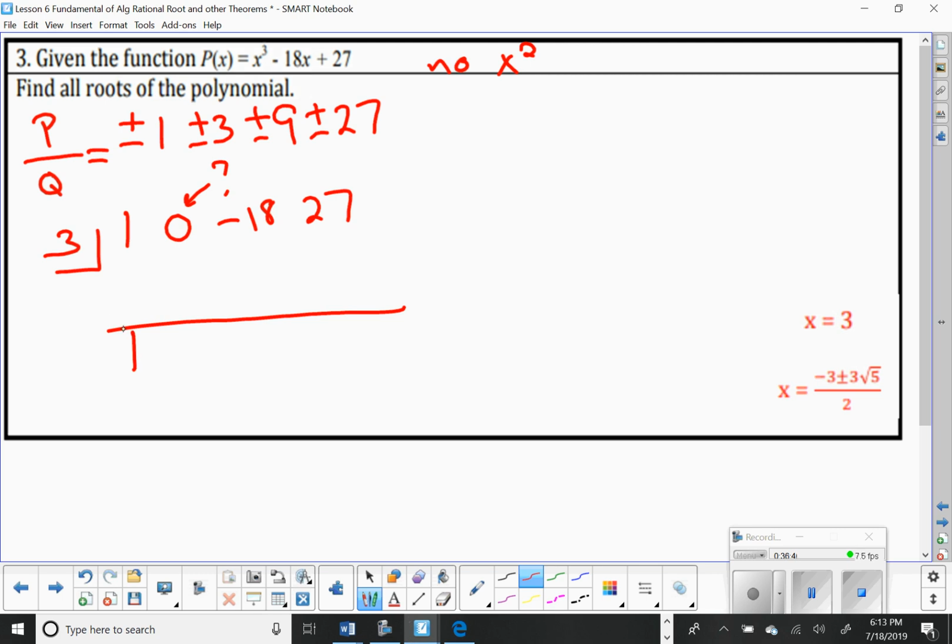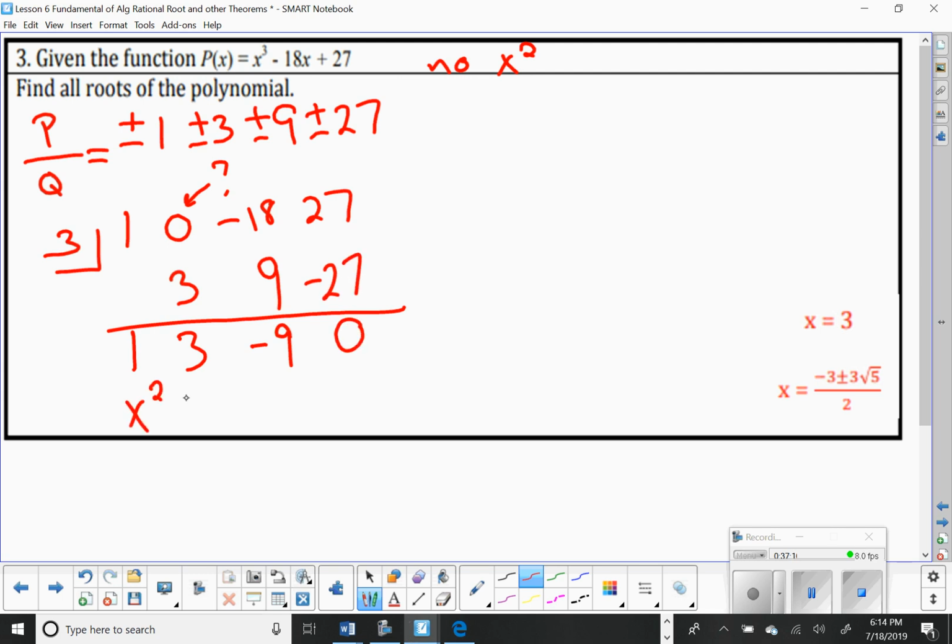Now I bring down the 1, and I get 3. 3 times 1 is 3, and then I get 3. If you forget this 0, your answer is going to be wrong. 3 times 3 is 9. -18 plus 9 is -9. 3 times -9 is -27, and I have 0.